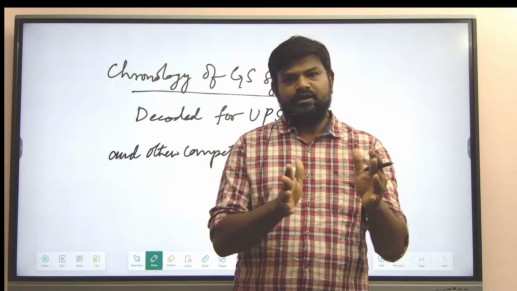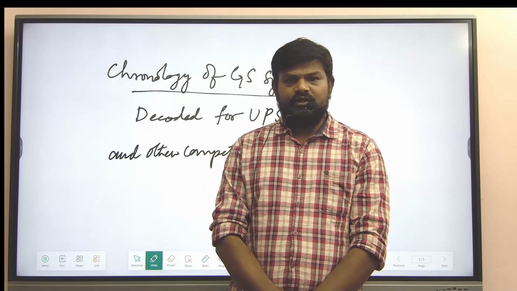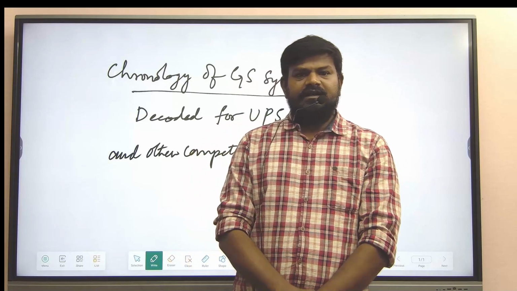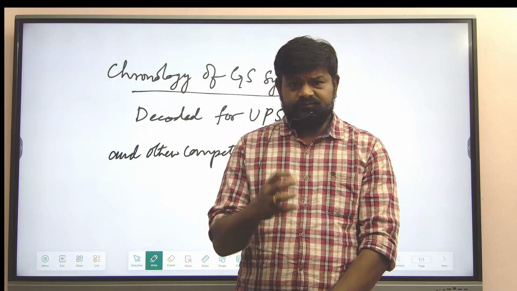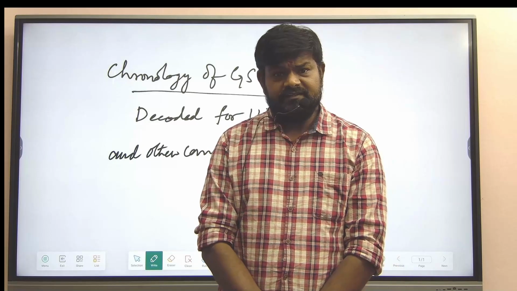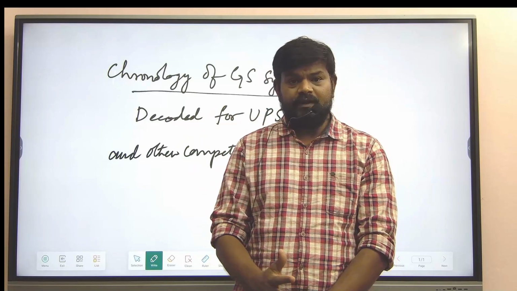Why solar system? Because the sun is the boss of the solar system, and presently 8 planets are revolving around the sun. And here, how the formation of the earth and the moon took place.